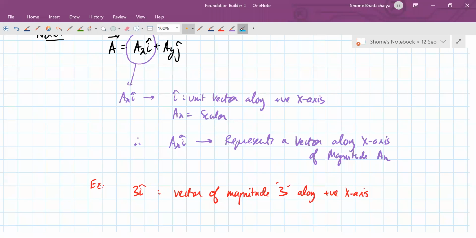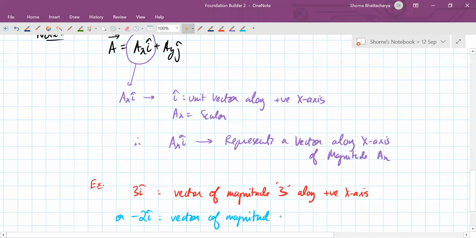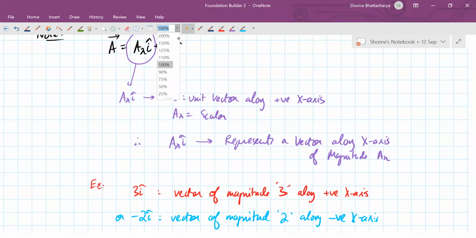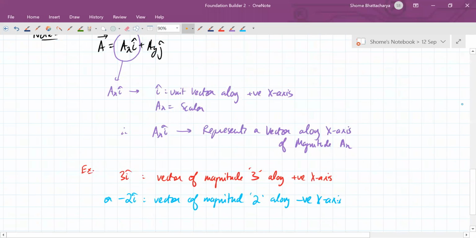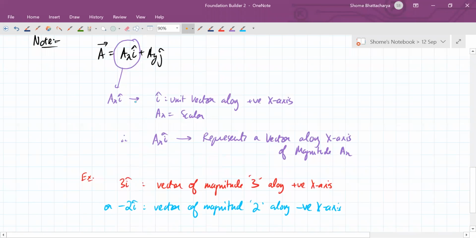Okay. Similarly, if I have the quantity minus 2 I cap, this represents a vector of magnitude 2 but along the negative x-axis. Okay. So we'll come back to that. Now similarly, just as the quantity Ax into I cap represents a vector which is along the x-axis, what about the quantity Ay into j cap? This now represents a vector along the y-axis.